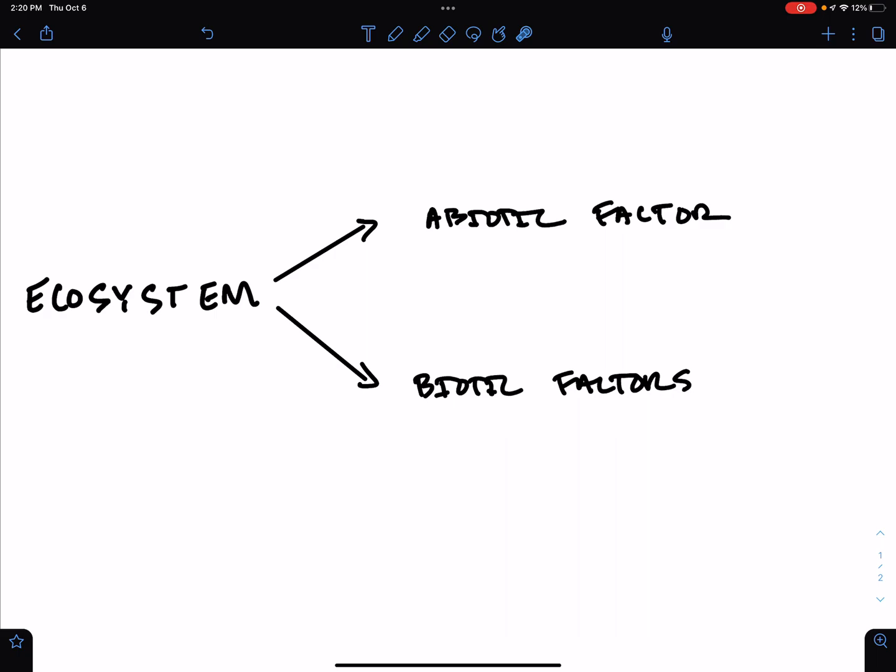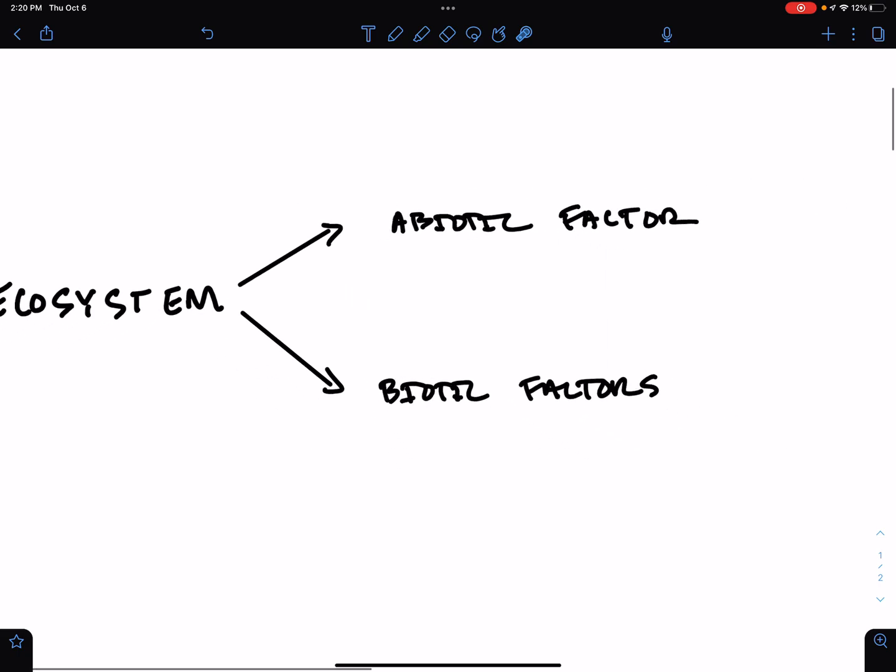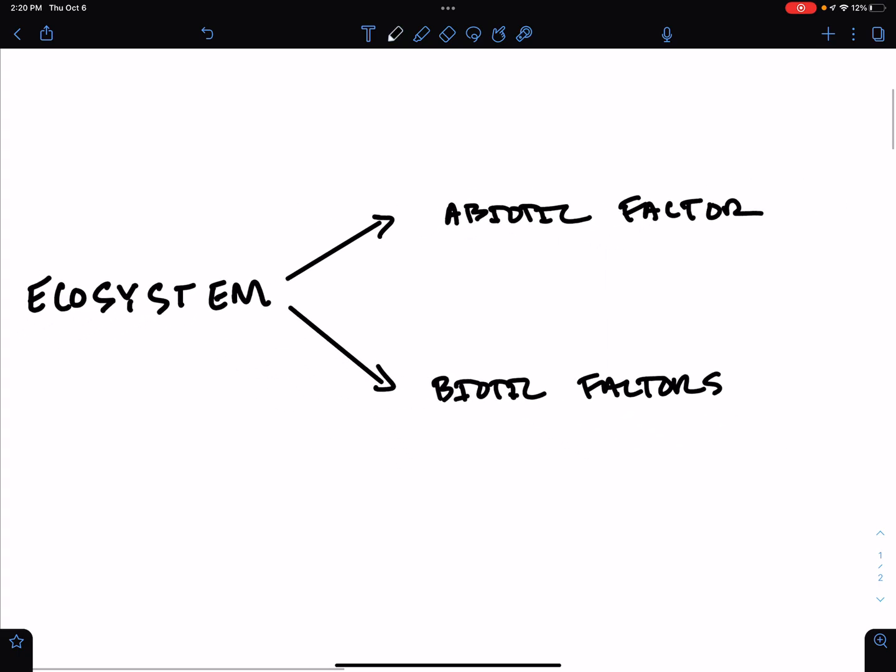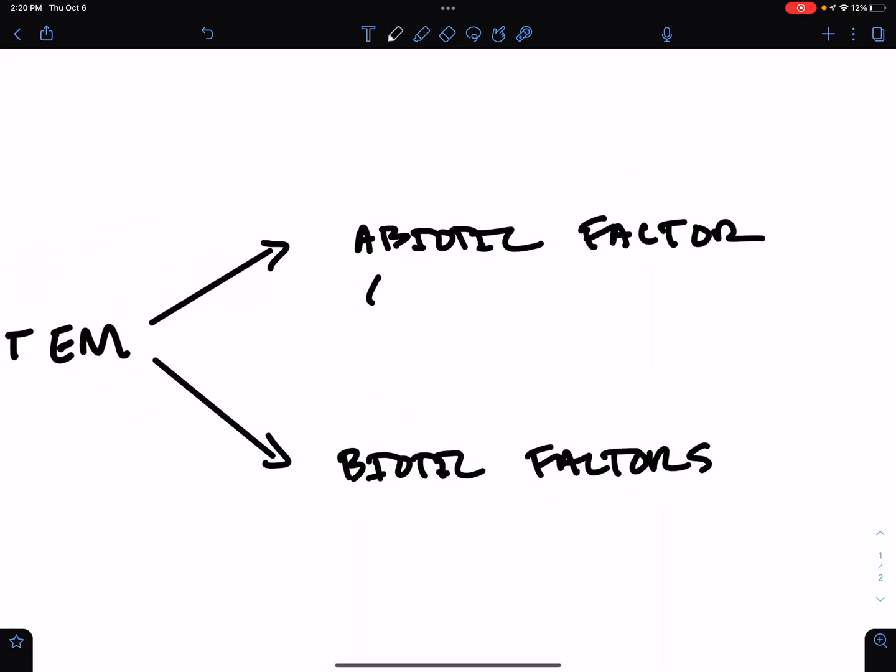So many different abiotic factors, but I can't even think of them all now. But we discussed that the biggest two abiotic factors that help determine what sort of biome is in any particular location, and therefore what ecosystem exists there, is the temperature and the precipitation.